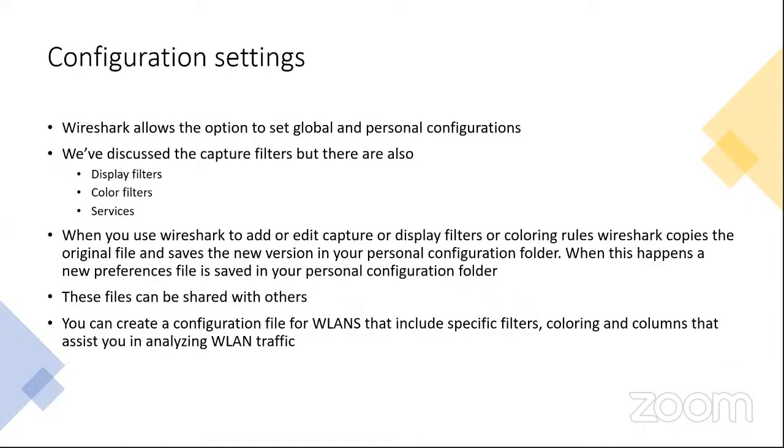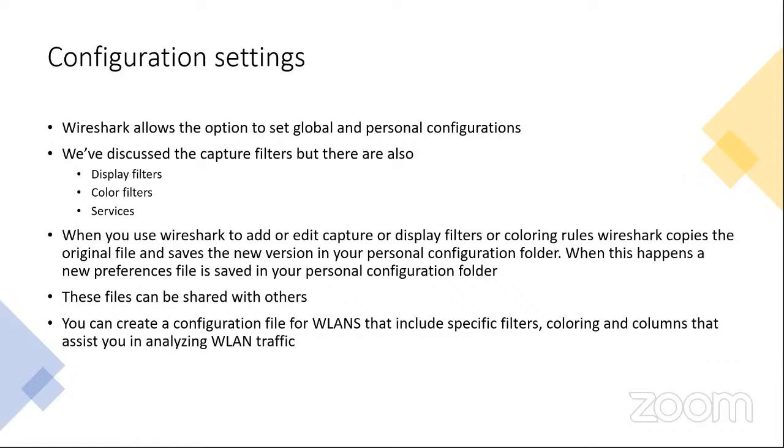We've discussed some of the configurations that you can do as far as display filters, color filters, and also services. When you use Wireshark to add or change capture or display filters or colored rules, it saves the new version in your personal configuration folder. So whenever you say, for example, I want to show HTTP traffic in green, and that overwrites the default setting, it'll save that into your personal configuration folder.